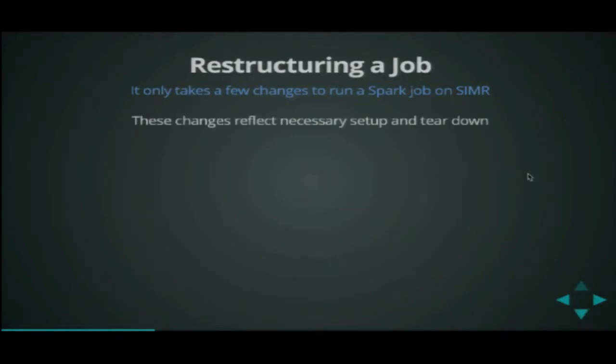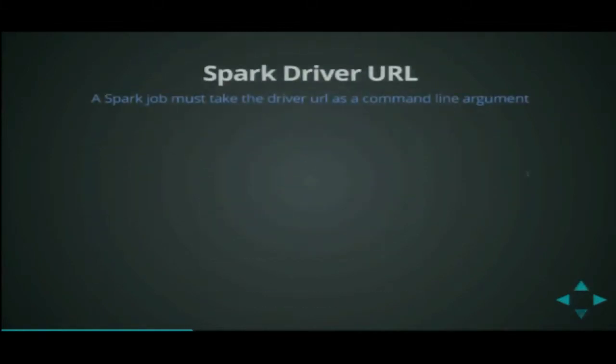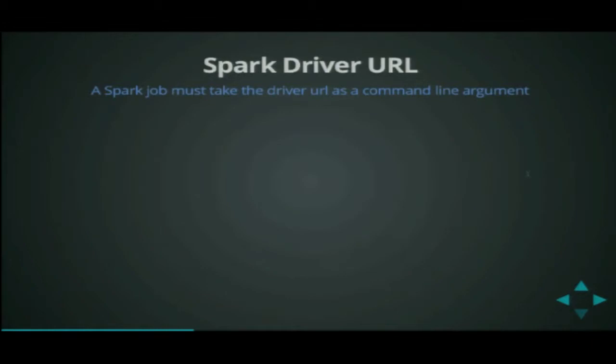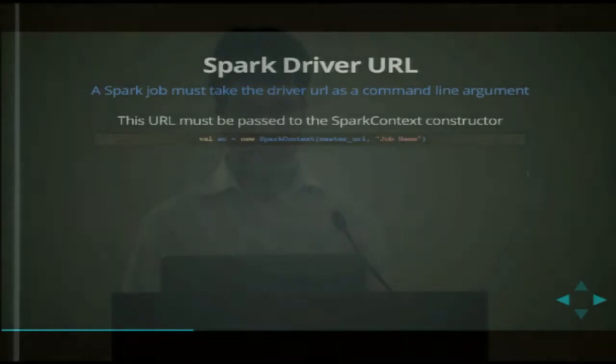We basically need to do this to facilitate setting up and tearing down the job properly on top of MapReduce. The primary change is your job needs to take the driver URL as a command line argument. A lot of jobs probably already do this. You pass the URL, and that URL has to be given to your Spark context constructor, like so.